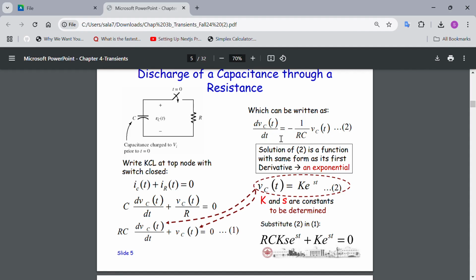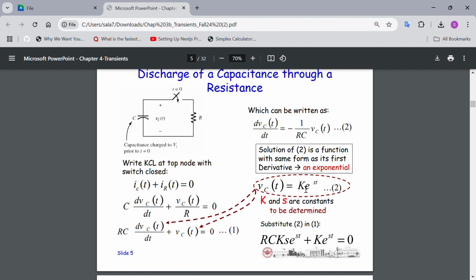So we can take Vc of t to the other side, take dt to the other side, and integrate both sides. This will give us a solution of the form Vc of t equals K e to the st, where s and K are constants that need to be solved for.